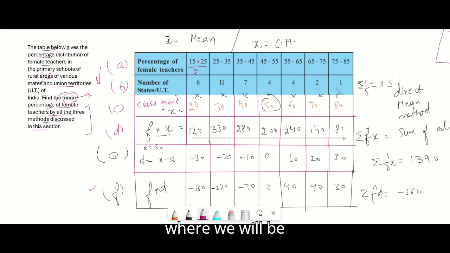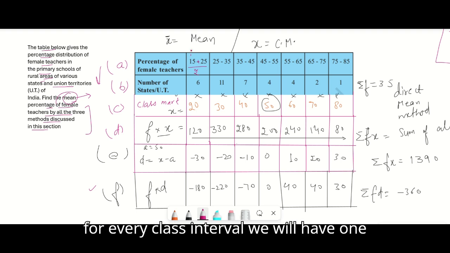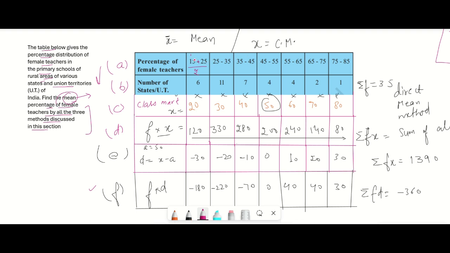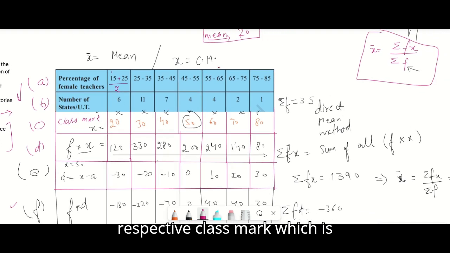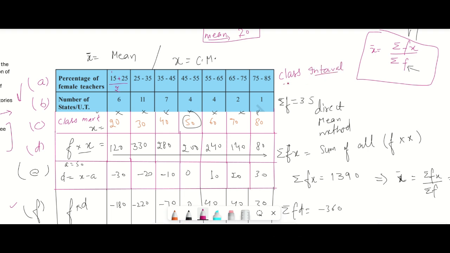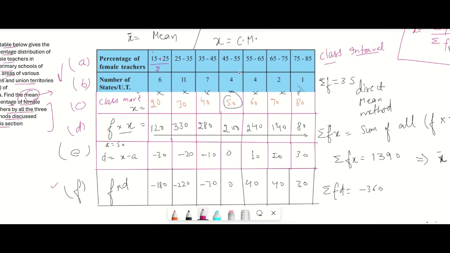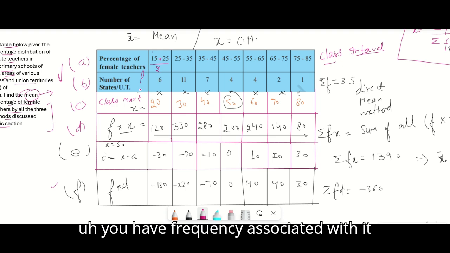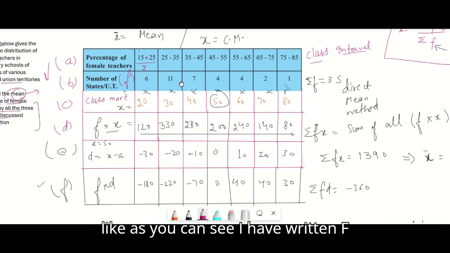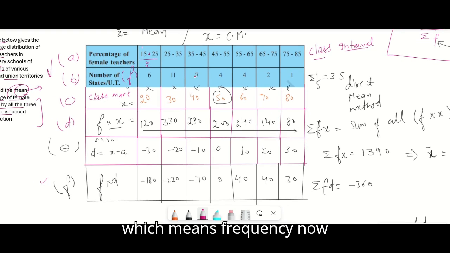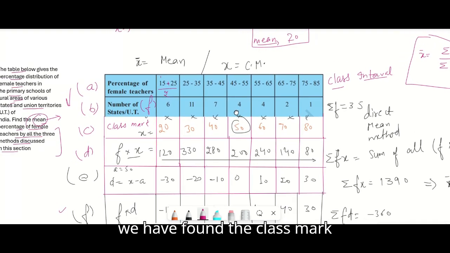For every class interval we have one respective class mark, which is 20, 30, 40, as you can see. You have the frequency associated with it; I have written f, which means frequency. Now we have found the class mark.